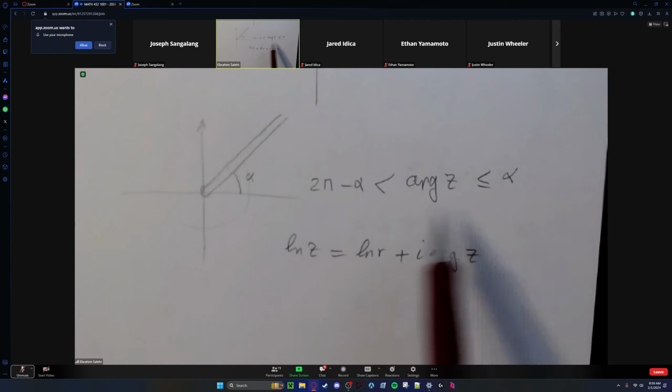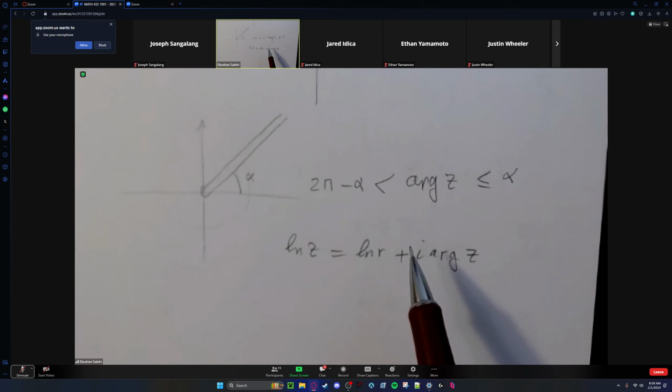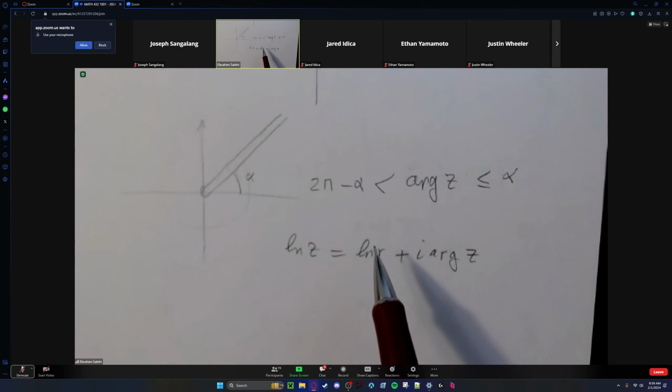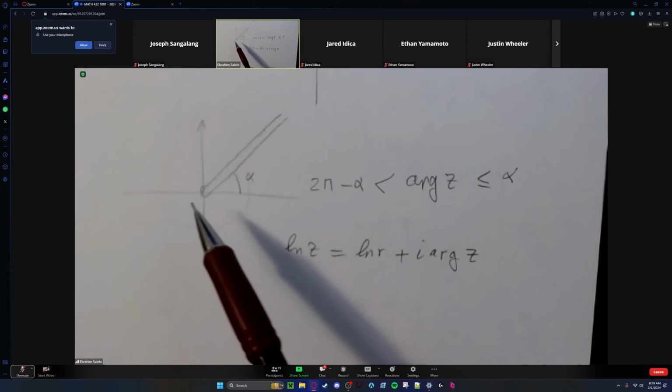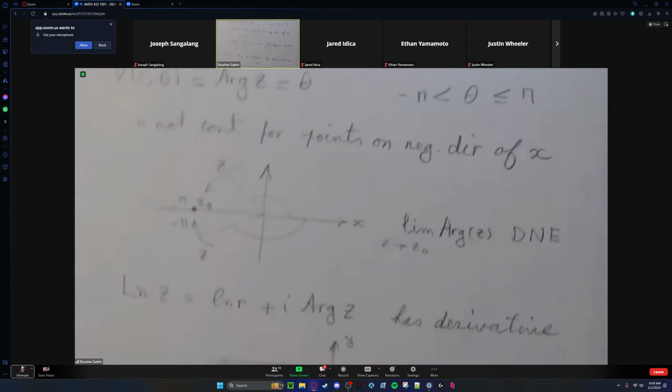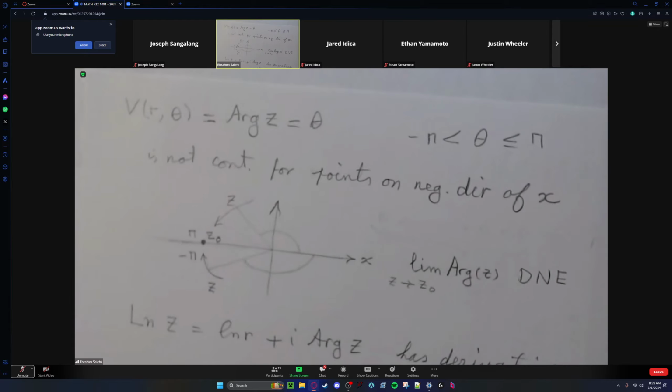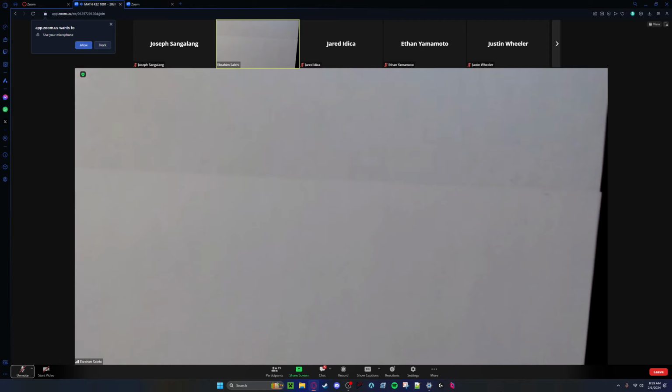If you do that, then again the derivative will exist and will be 1 over z, okay? Because this argument with this branch cut will be continuous. So that's a very fine point when we are dealing with logarithm and its derivative.